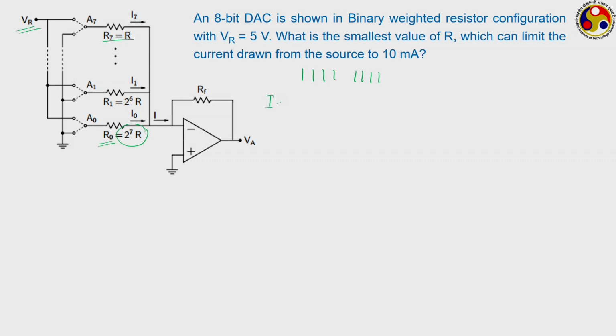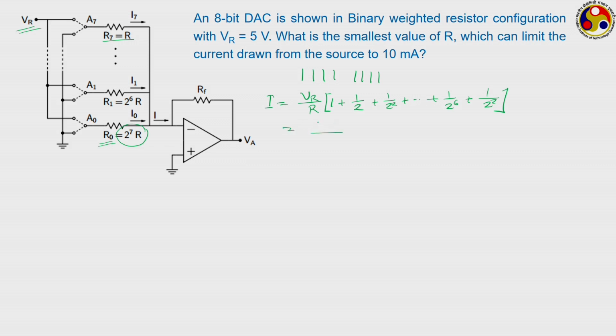The current corresponding to this will be VR divided by R into 1 plus 1 by 2 plus 1 by 2 square plus dot dot plus 1 by 2 to the power 6 plus 1 by 2 to the power 7, where R by 2 to the power 7 is the resistor for this least significant bit.